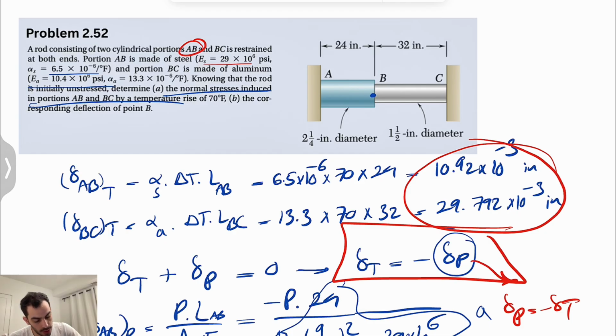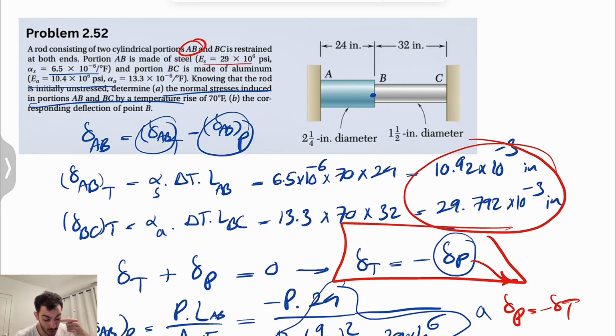For finding the deflection of point B, we need to figure out the elongation or deflection that portion AB has, which we figured is a thermal expansion, which was positive, and also a compression or shortening of that member because of the force P. So we have to find each of these values, which we already know.